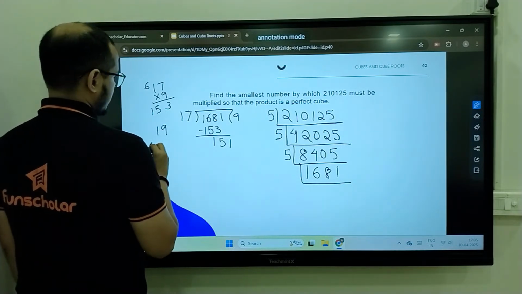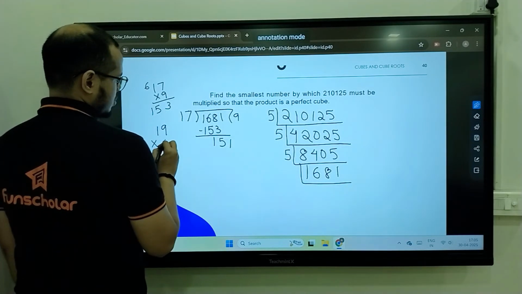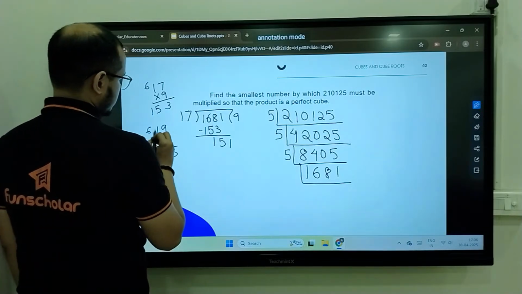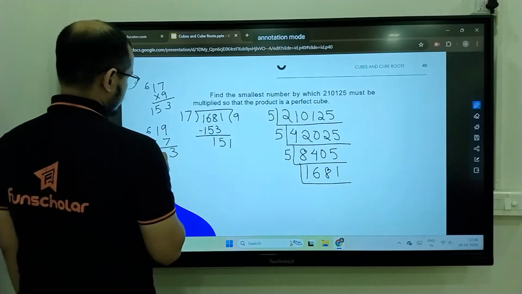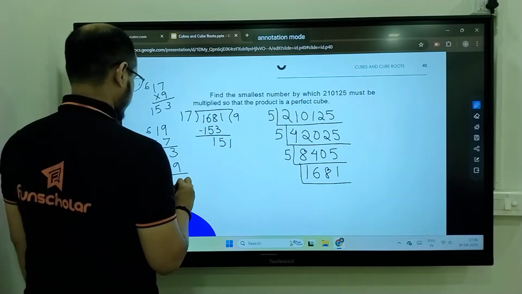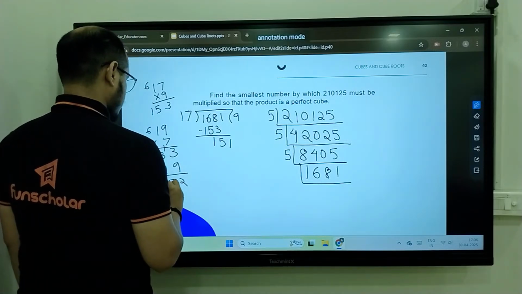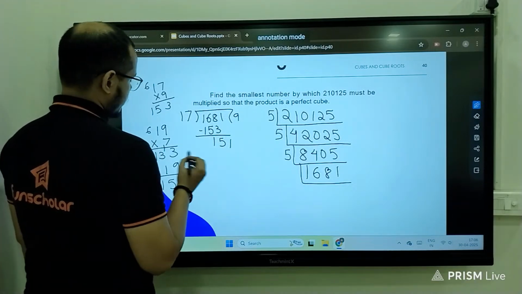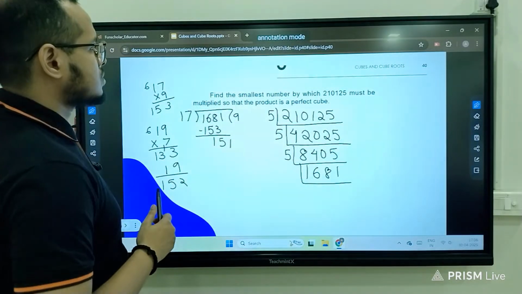Let's go for 19. 19 into 7 is 133, plus 19 is 152. If it's 152, then 19 is also not good.